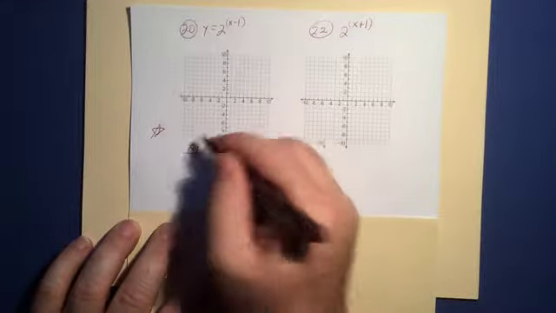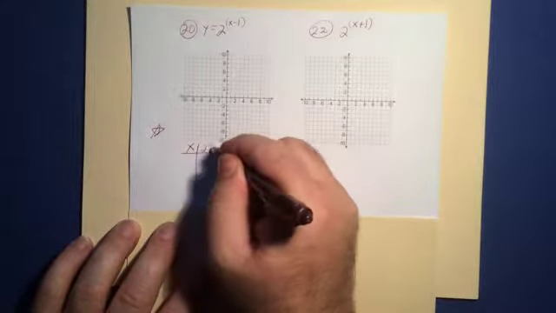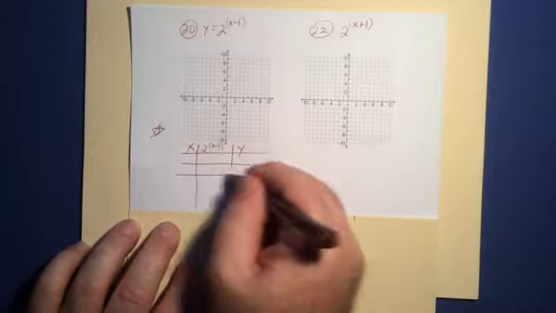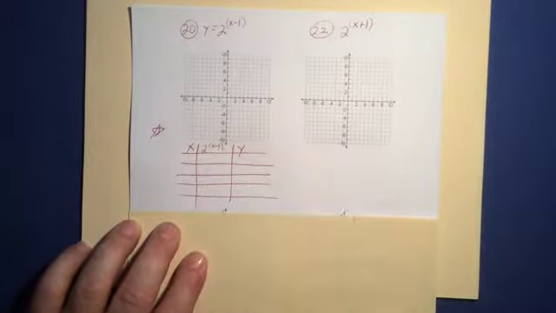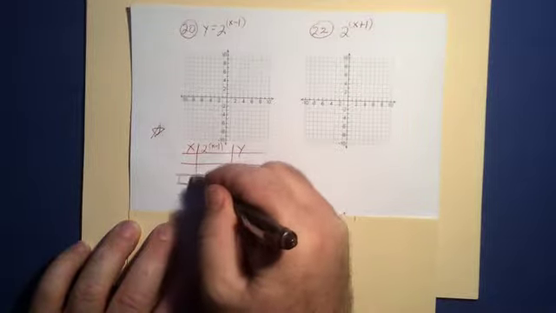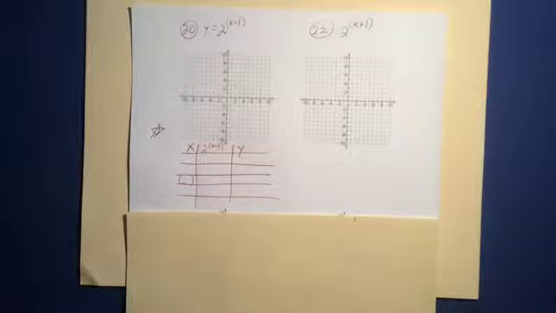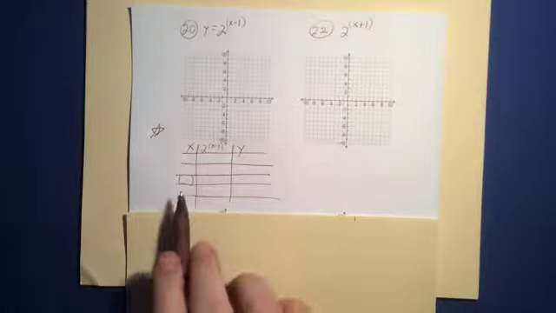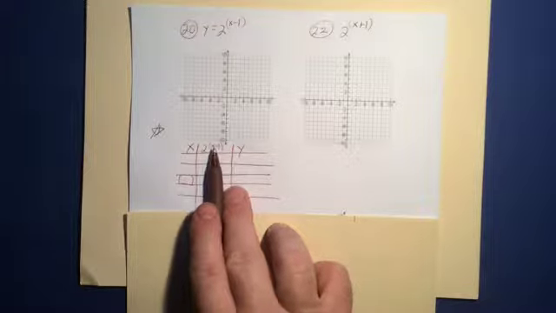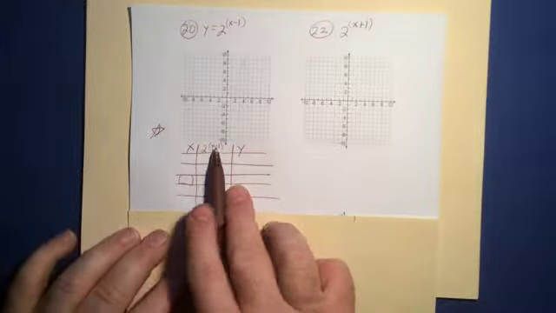So this is going to be x, this is going to be 2 to the x minus 1, and this is going to be y. What I'm looking for here is the middle value, kind of like the work when we're finding the vertex of a graph so we know how to graph a parabola. I need to know what value is going to make the exponent 0.